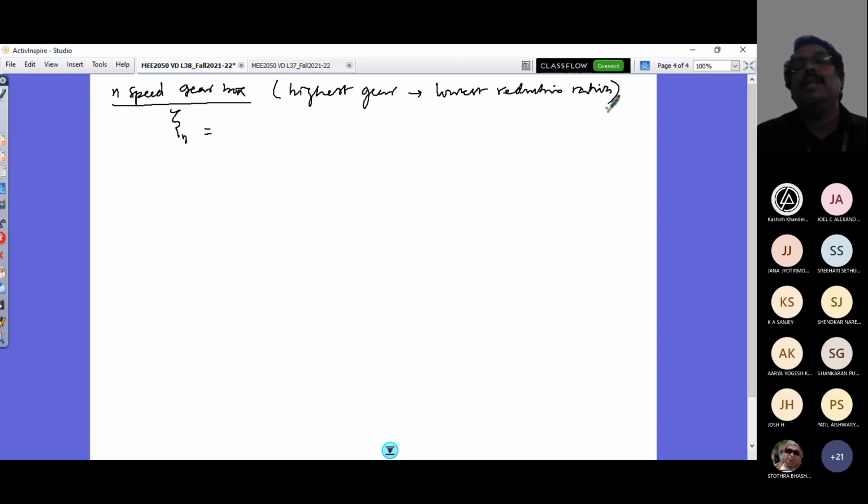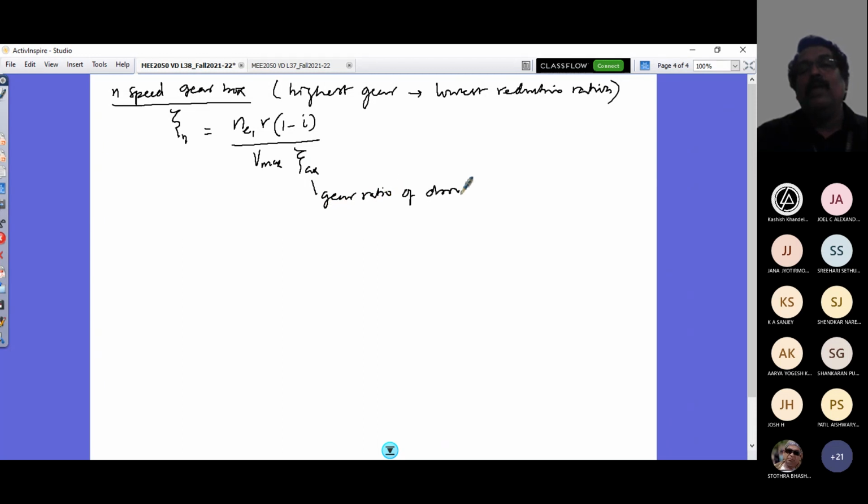That's what the lowest reduction ratio or the highest gear means. So that is given by engine speed times radius of the tire wheel assembly times (1 minus slip), divided by maximum vehicle speed times axle ratio. So that is the gear ratio of the drive axle. What is this called? This is the A_x, the gear ratio of the drive axle.